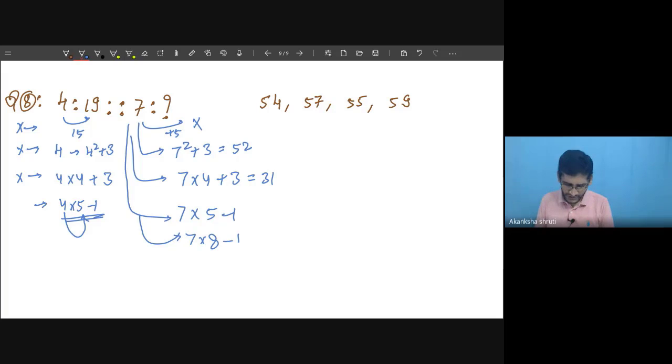So these are the two possibilities or observations that we can obtain from this single one. Okay, so all these things we have to think. So 7 times 5 is 35 minus 1, it is giving us 34, not in option. But at the same time, if we are taking this one, 56 minus 1 is 55. Yeah, this is in option.